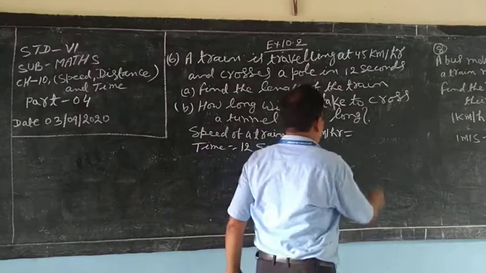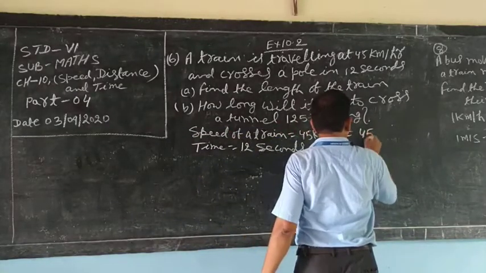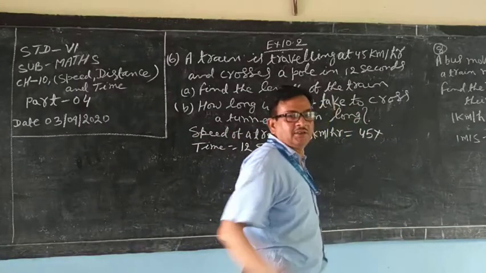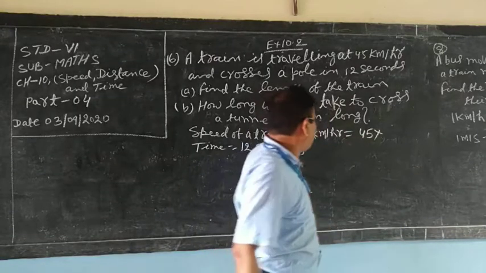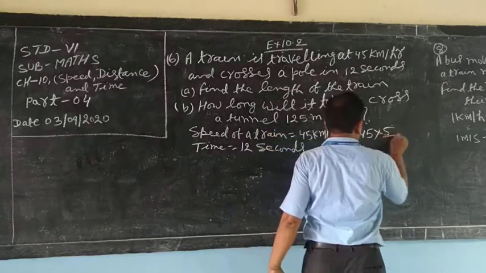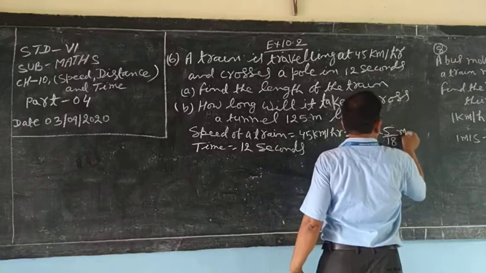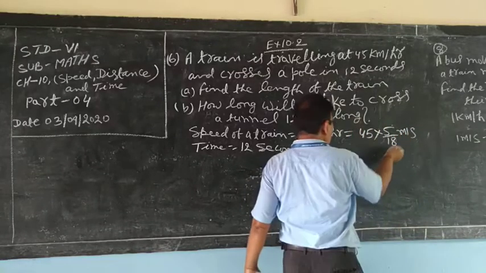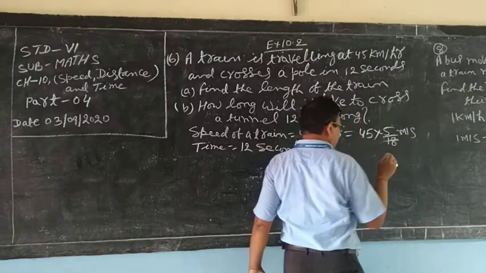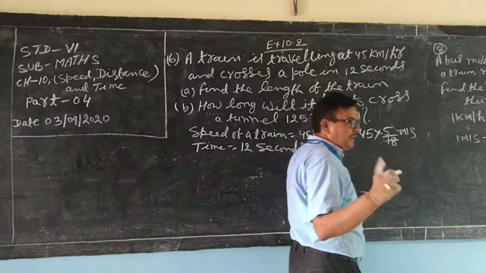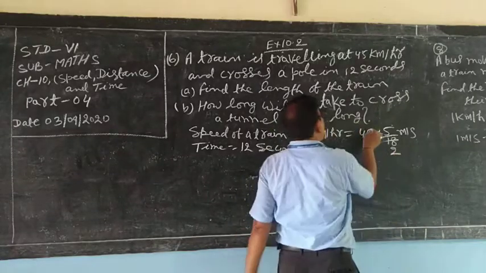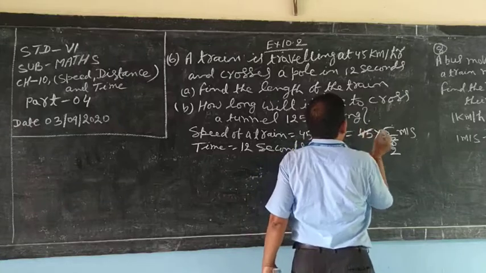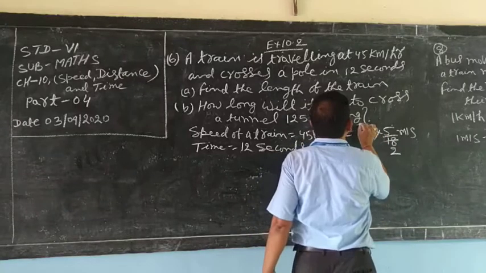What you will write? 45 into, what I said? To change kilometer per hour into meter per second, 5 by 18 meter per second. Now it is divisible by 9. 18 divided by 9, 2 will come, and 45 divided by 9, 5 will come.